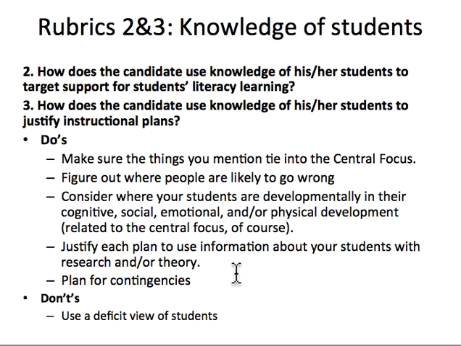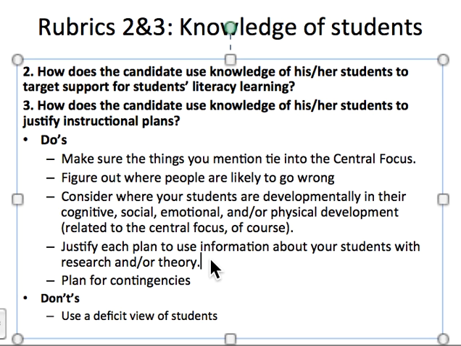The fourth thing is to justify each plan that you have. So if you say, I'm going to do this to make sure that students get this point, justify it with research or theory. And the general rule is for any kind of recommendation that you make like that, you should have some theory that goes along with it, whether it's something as simple as Piaget's stages of cognitive development, Vygotsky's constructivism or the zone of proximal development, or some kind of multiple intelligence thing, right?